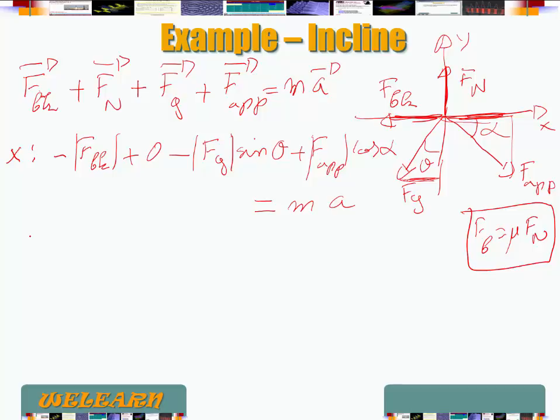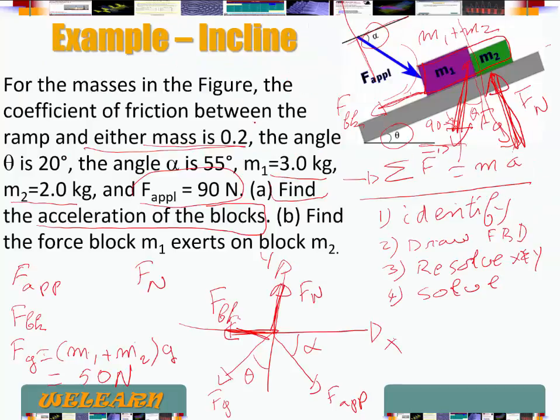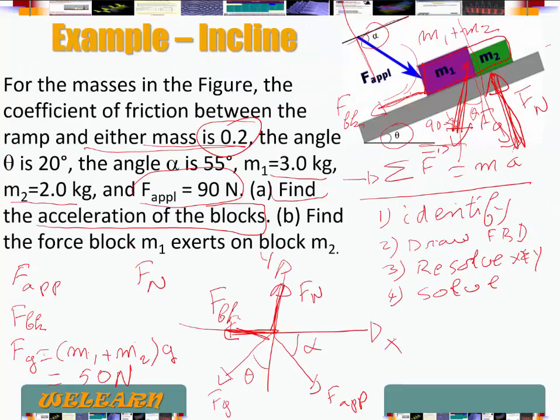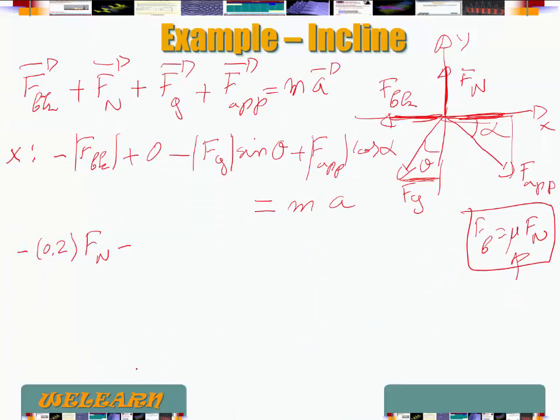Since we are given the coefficient of friction as 0.2, our equation here becomes minus 0.2 times the normal force. I'm going to omit the 0 since it's a 0. And for Fg, we said it's 50 newtons. We calculated it earlier, so we'll use that.